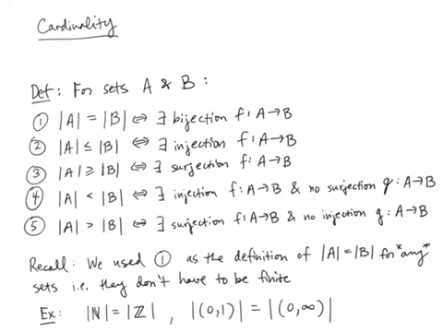As we've seen. If there exists an injection from A to B, then we say that the cardinality of A is less than or equal to the cardinality of B. That's 2.